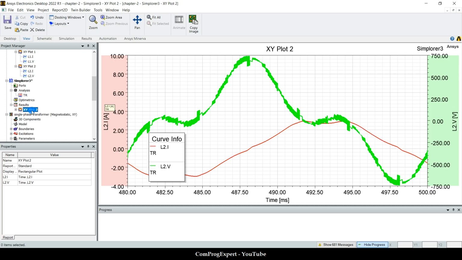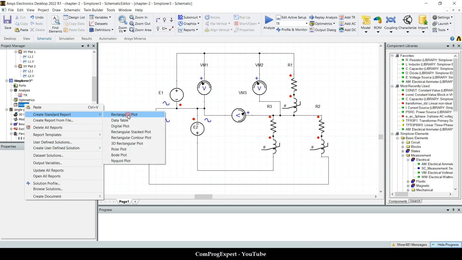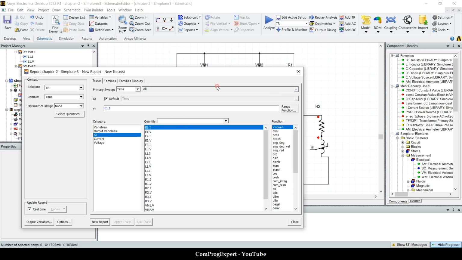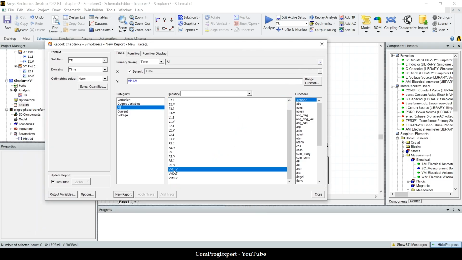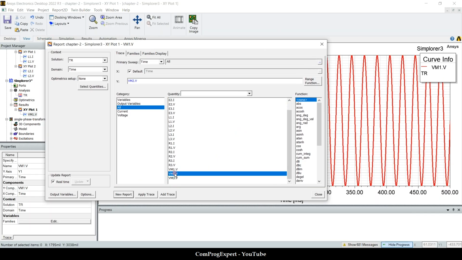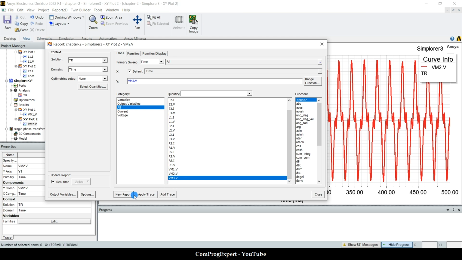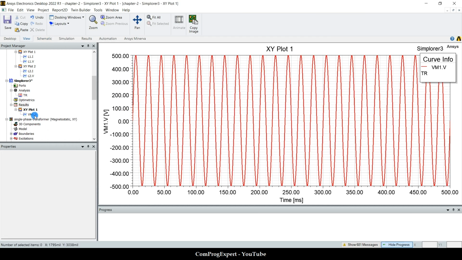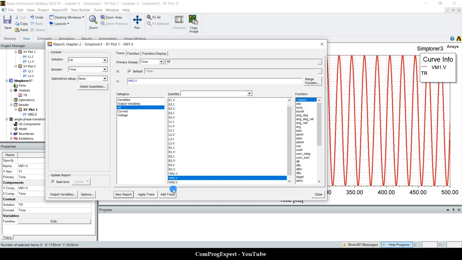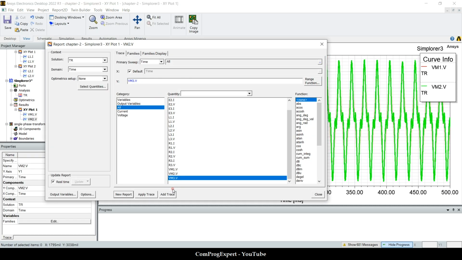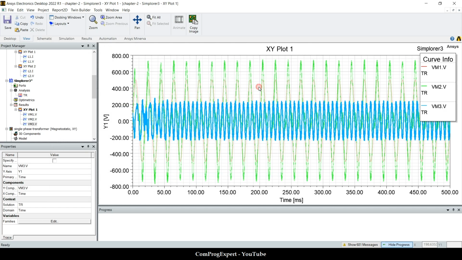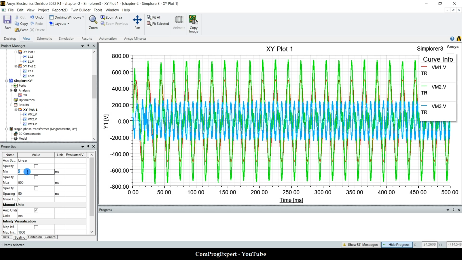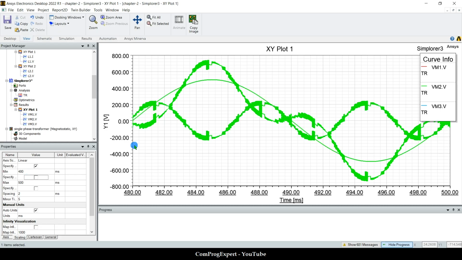So let's plot the value of Vm1, Vm2 and Vm3. Let's have them on the same graph. And let's focus on the last electric period, 480.